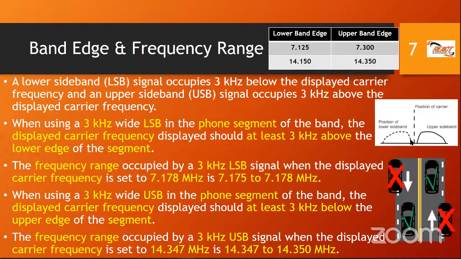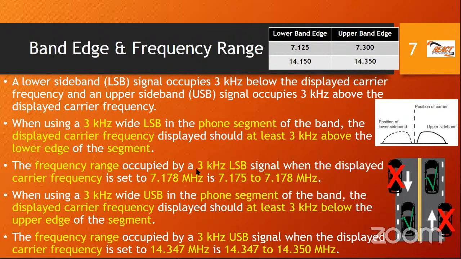When you're using that 3 kilohertz, let's say using lower sideband and doing voice, you need to make sure that the center frequency you have displayed is at least 3 kilohertz above the lower edge. If it's not at least that, when you transmit, you may go beyond the edge of the band.